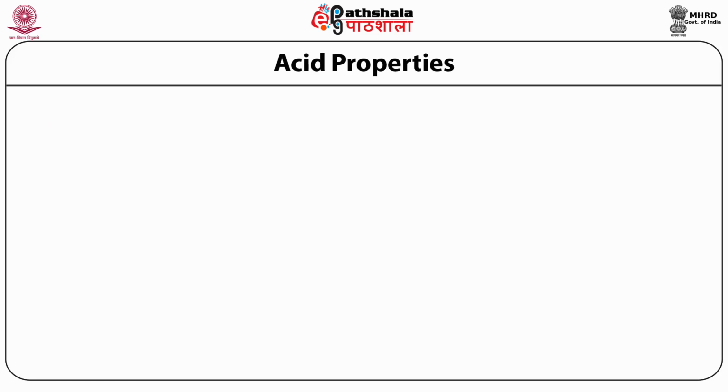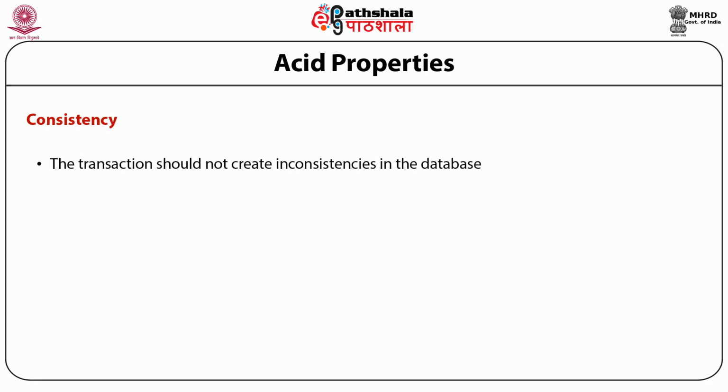The second important component of ACID property is consistency. As you know, consistency means sturdiness. In consistency, the transaction should not create inconsistencies in the database. That means when there is a transaction happening in the database, it should not create any kind of inconsistency in the database.